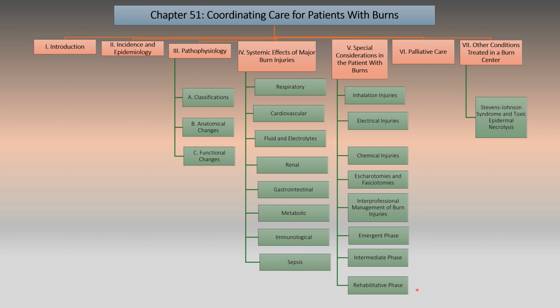Mobility and function: encourage and assist with ADL to increase independence and prevent impaired physical mobility. Psychosocial check: assess readiness for social integration and monitor for signs of disturbed body image or depression.